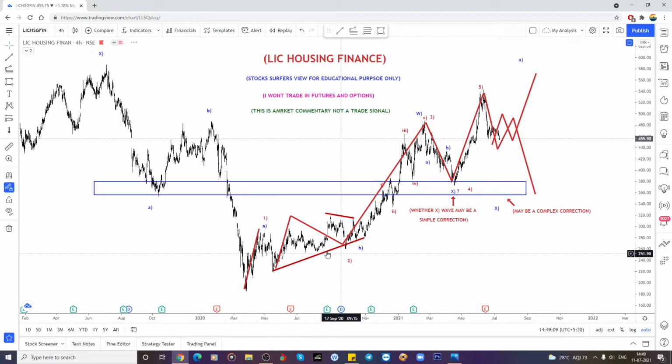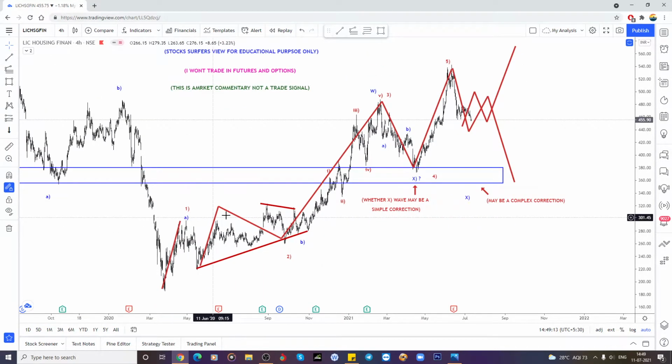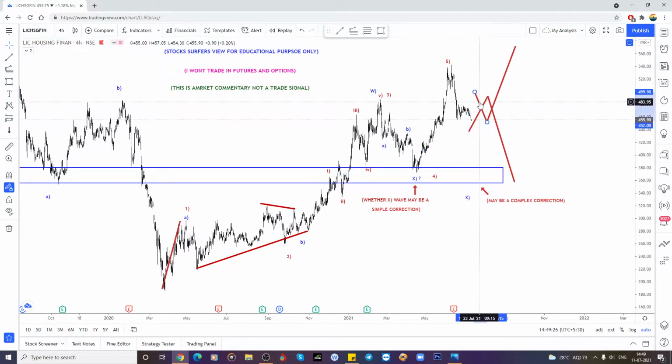See here, previously I thought A, B is the triangle. I just explained to one of my students here, that is why I drew it and I didn't delete it also. Once again, I explained here.